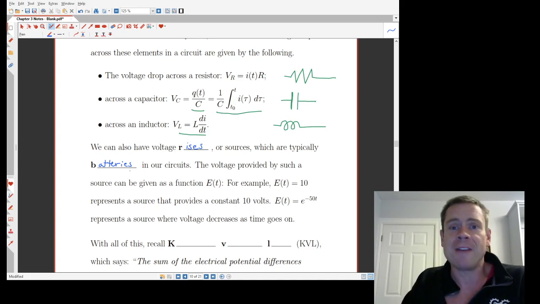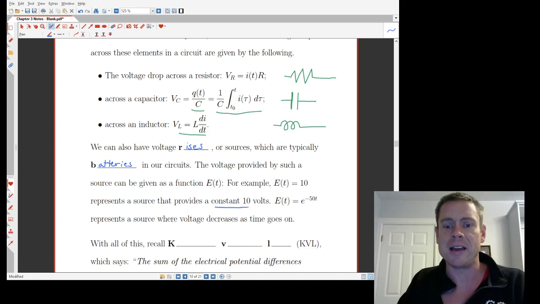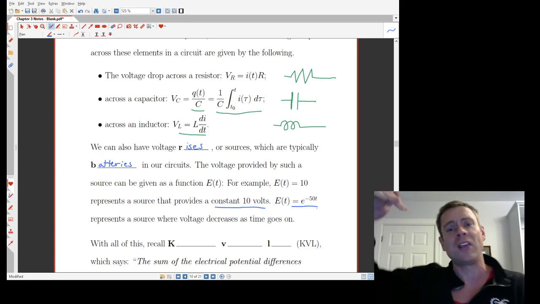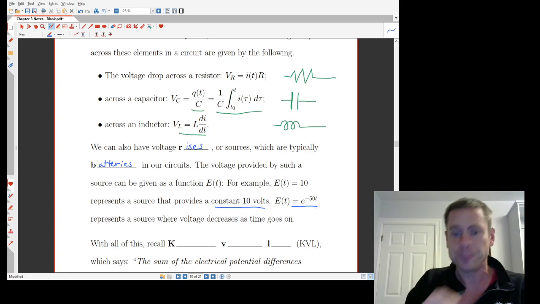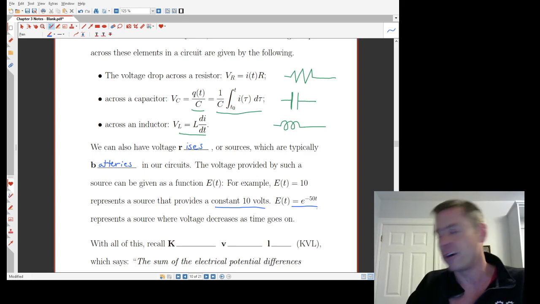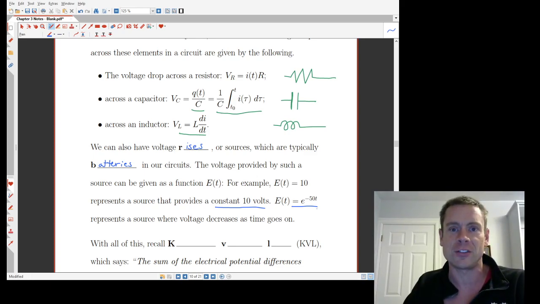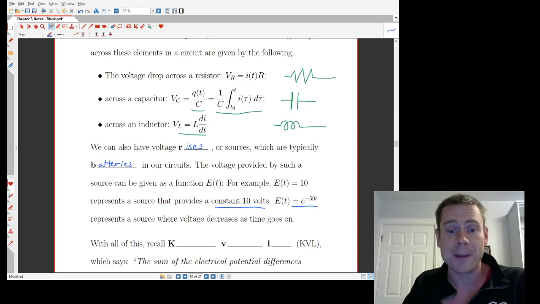So you can have a battery that's got a generally constant supply, or you could have some sort of source that decreases exponentially over time, maybe slowly, maybe quickly. You could even have something like a sinusoid to represent something like a solar battery that might vary by the day or by the season. So these are different kinds of things that can appear in the source that provides the voltage, and then the different components that appear are the drops.